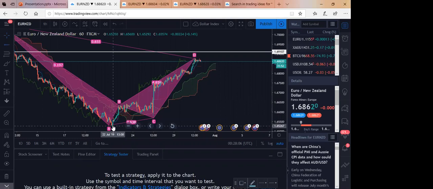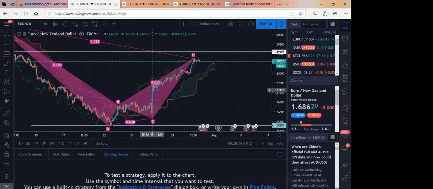Okay, all right. So support line, it did its Kumo twist. The cloud has shifted. It was in the sell, now it shifted. And you can see it's green, it's going into a buy. And that's what I mean by the Kumo twist. The pattern itself said it all.